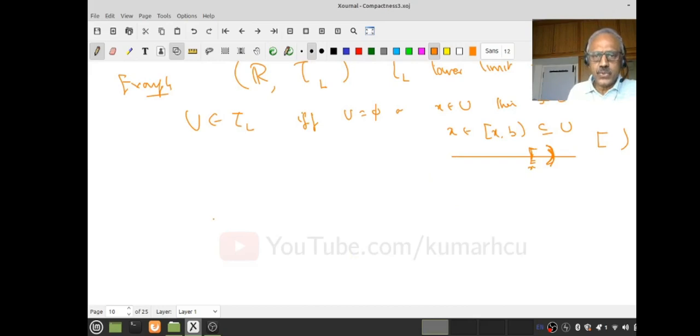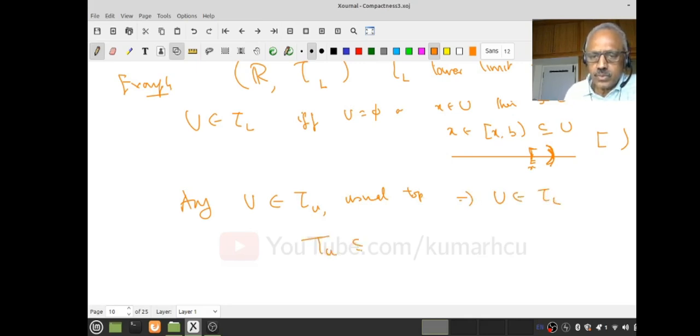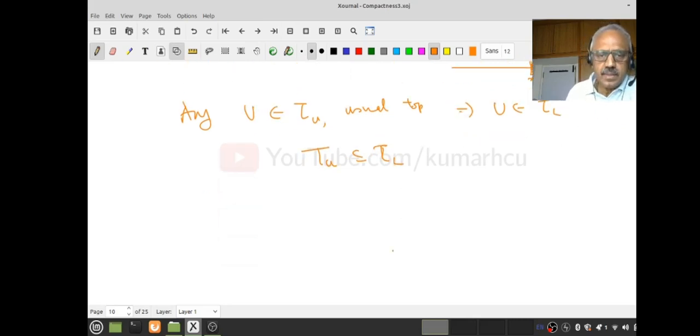Now what you have shown is, we had already seen, any u in tau u, the usual topology, then u is in tau L. That is, tau u is contained in tau L. Now we had already seen R with tau u is not compact.